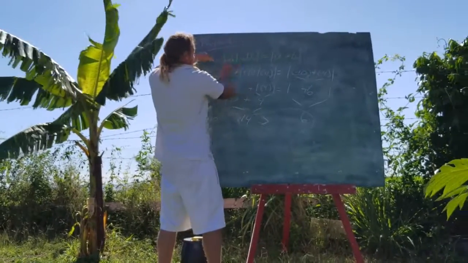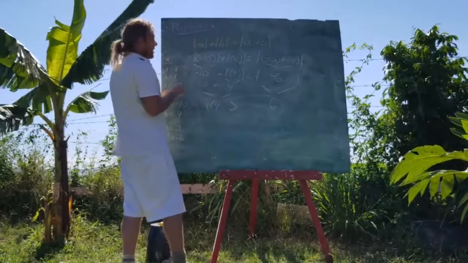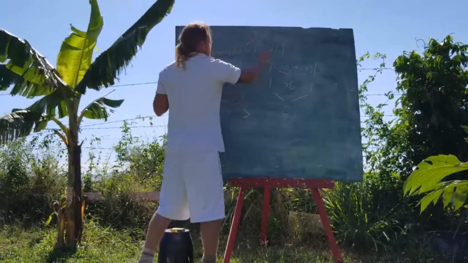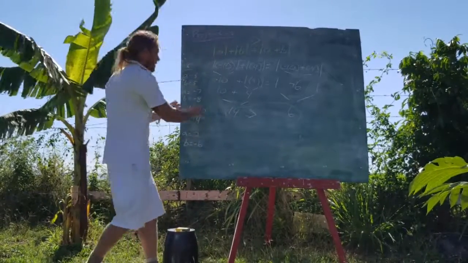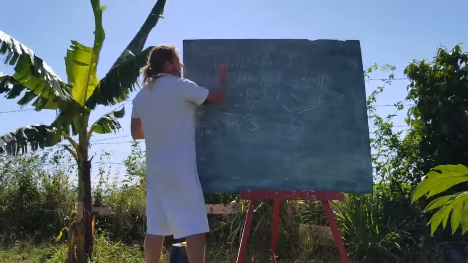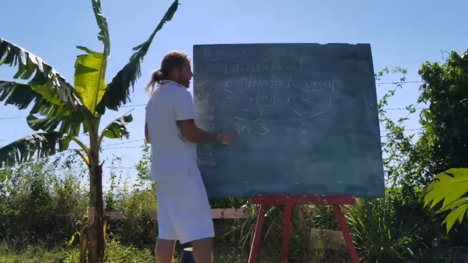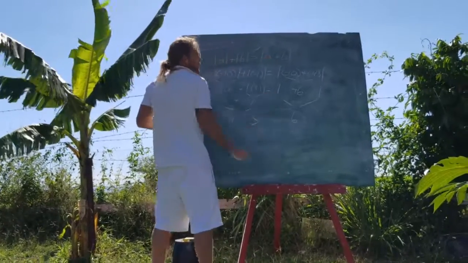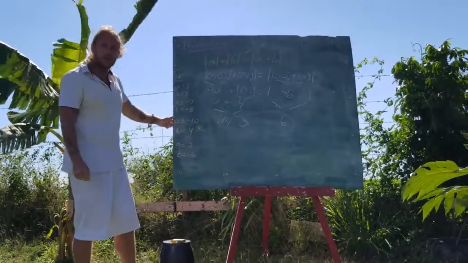This side turns out to be greater than this side with this example. Let's star this. With this example, the absolute value of A plus the absolute value of B turned out to be greater than the absolute value of A plus B.